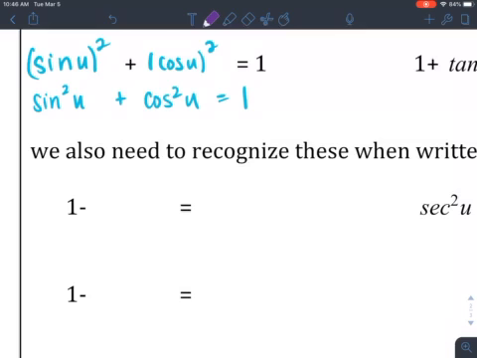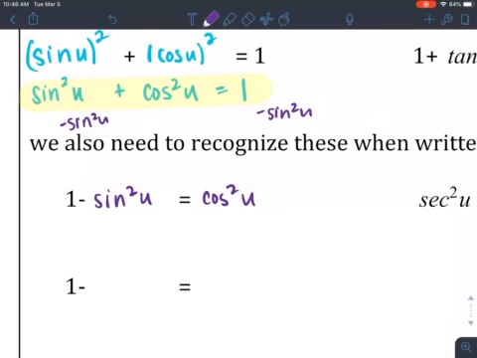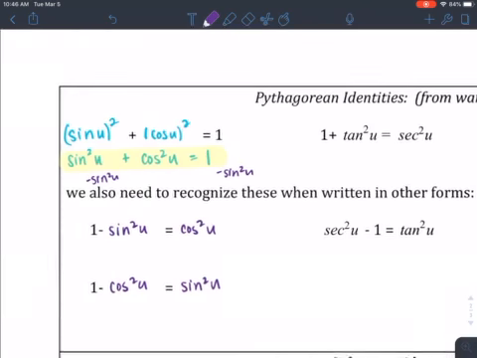If I subtract sine squared u from both sides, I get 1 minus sine squared u is equal to cosine squared u. If I subtracted cosine squared u from both sides, we'd get 1 minus cosine squared u is equal to sine squared u. Okay. So that's one Pythagorean identity.